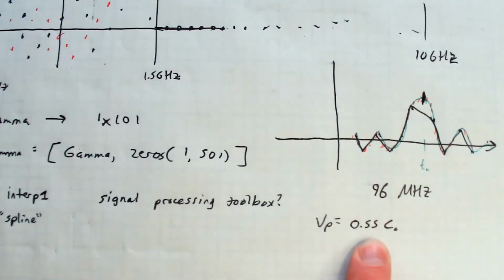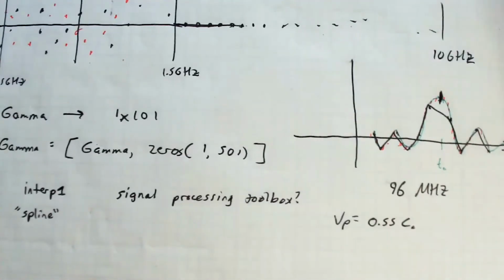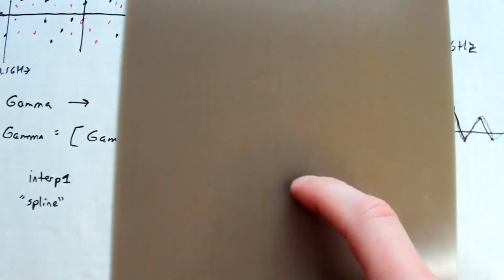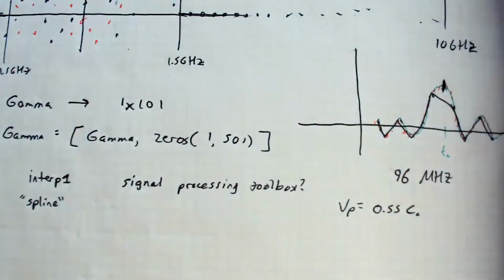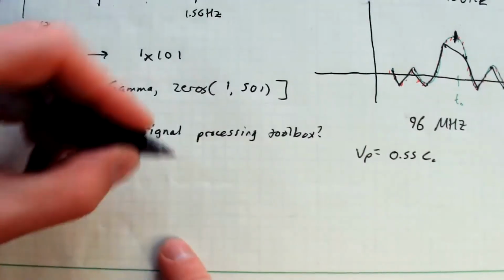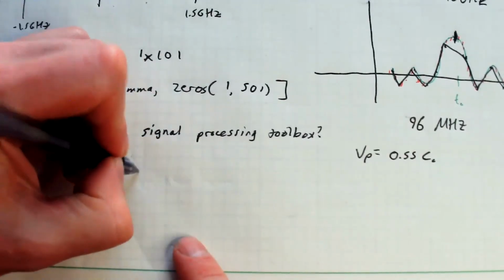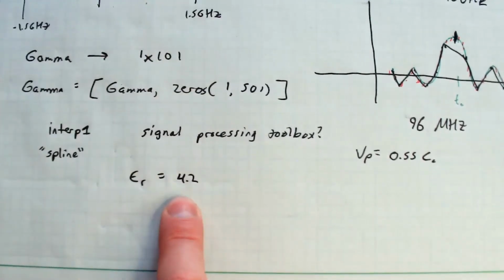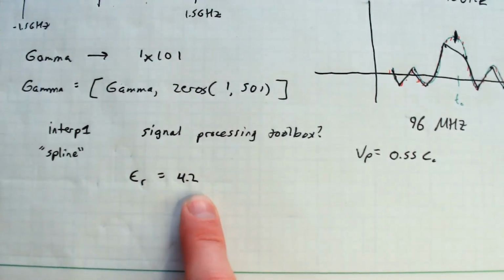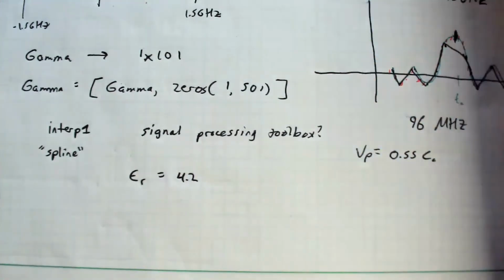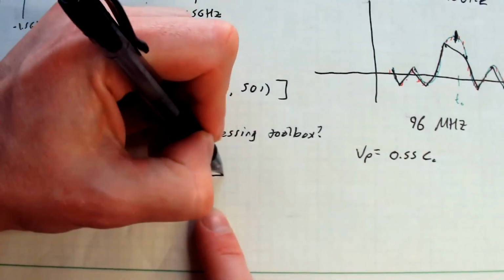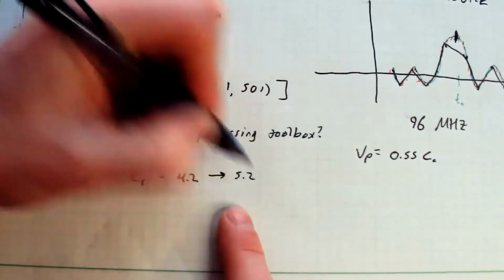And I was kind of curious as well, a big problem with this microstrip line is what is the dielectric constant of this substrate? I tried looking it up, and you don't really get an exact value. What you're told is epsilon r is probably like 4.2, but that's sort of a guess, and depending on who manufactures the board and what their process is, it could have some uncertainty going as high as like 5.2 even.